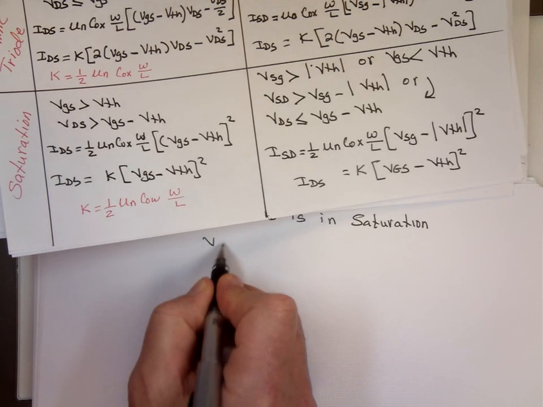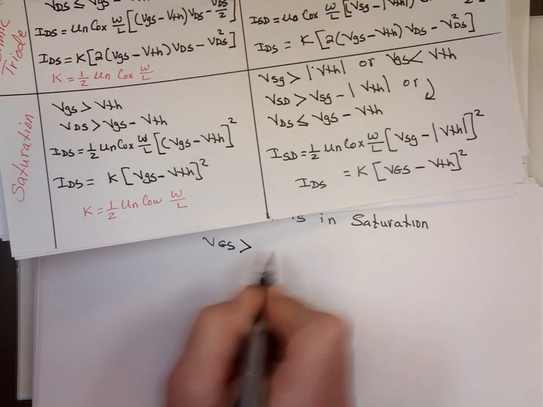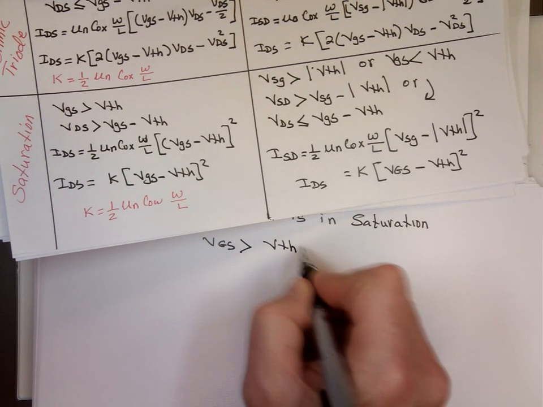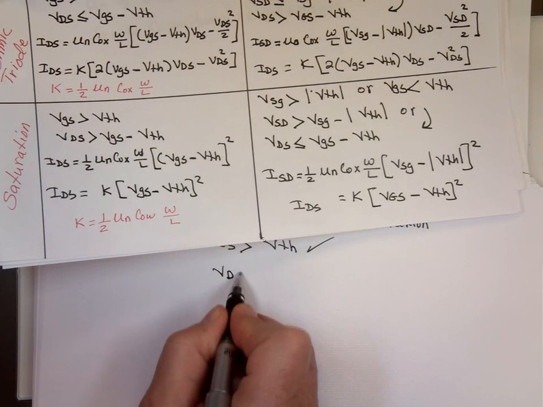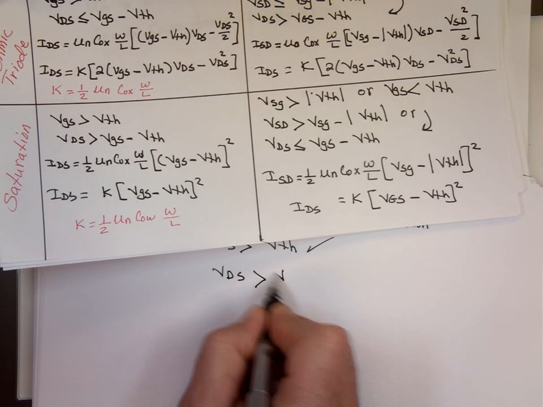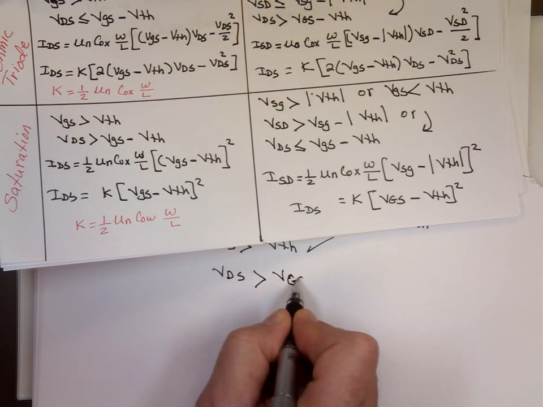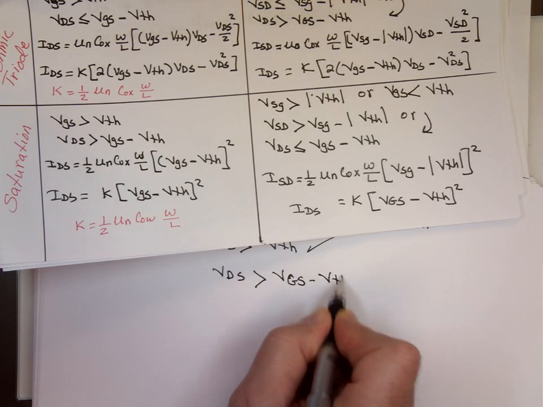If it's in saturation, I need to prove that VGS is bigger than the threshold, which we know has already passed that test. It's 4 volts versus 1. I need also to prove that VDS is bigger than VGS minus the threshold voltage. I need to satisfy both of these.